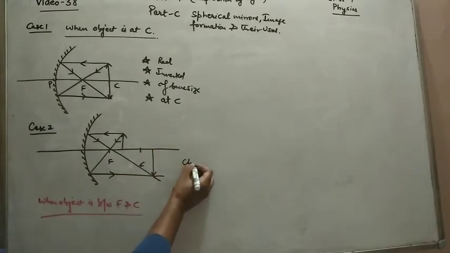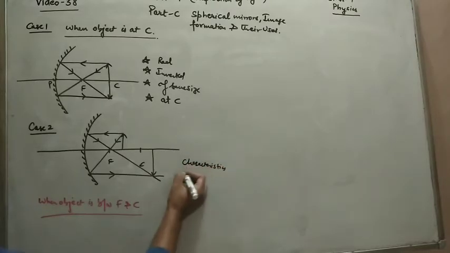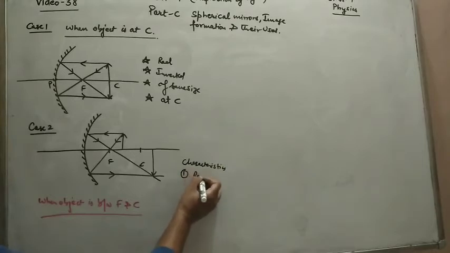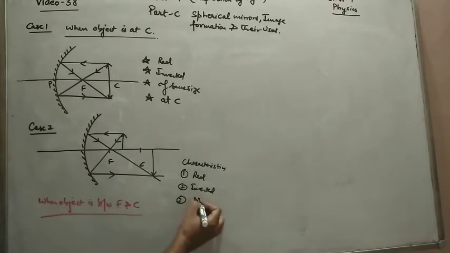Characteristics are: first is again real, second is inverted, third is magnified, large in size. Fourth is beyond C.